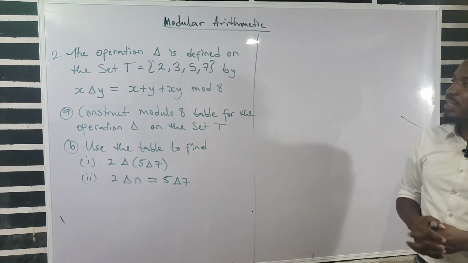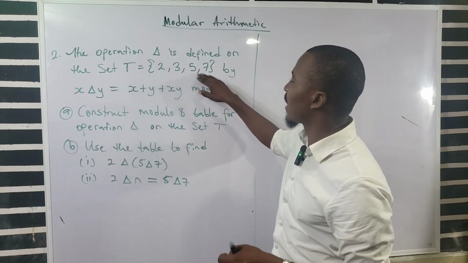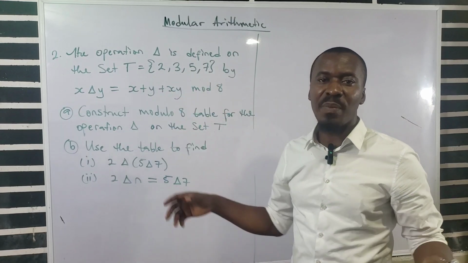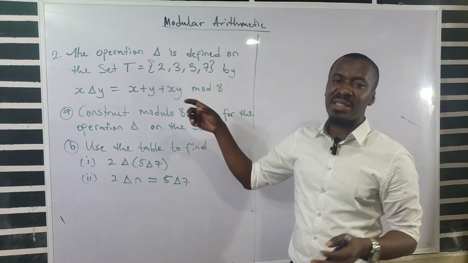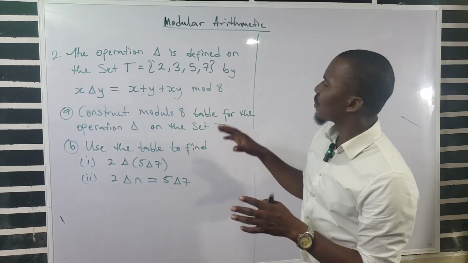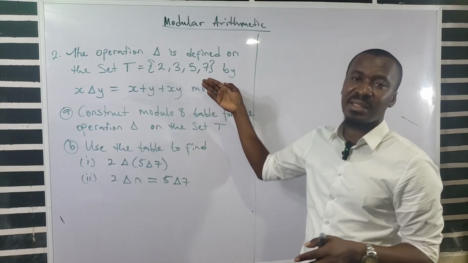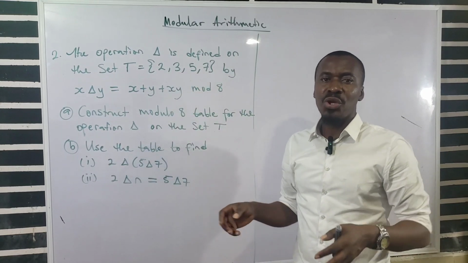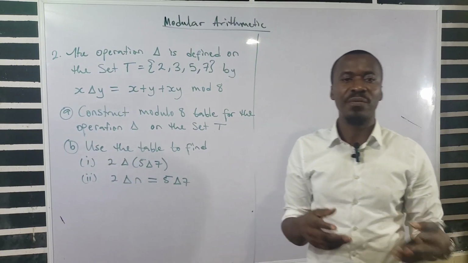Now, the first thing to do is to construct your table. You are given a set. That means you don't just pick any number in modulo 8. So you have to make use of the numbers given to you in modulo 8. Now, sometimes a question will be given to you without giving you a certain set of numbers. For example, you might be asked to construct a table of multiplication in modulo 3.